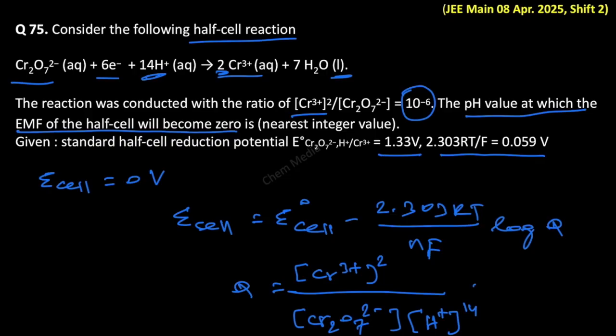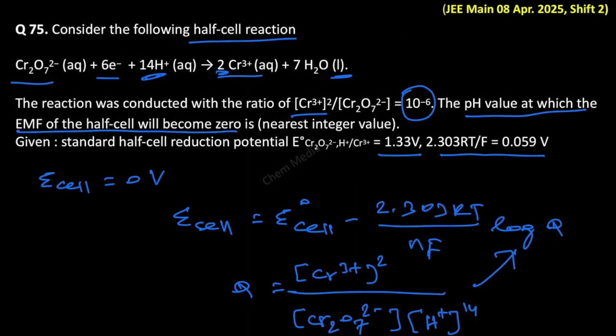Therefore, let us substitute this in the Nernst equation. Now, before doing that, we also know that E cell standard is equal to the standard reduction potential of the cathode minus the standard reduction potential of the anode. One question that may come to many of you is, what is the reduction potential of the anode here? That value is not given. The reaction provided is a half cell reaction and not a full electrochemical cell. However, if you carefully see the standard half cell reduction potential in this case, they have mentioned H plus.